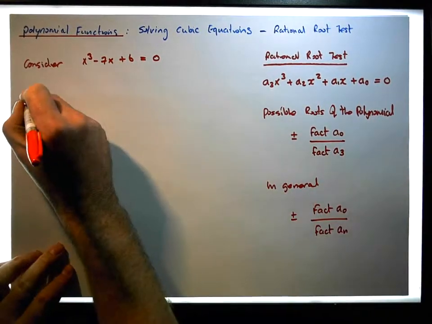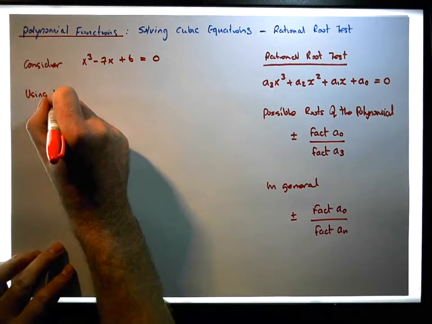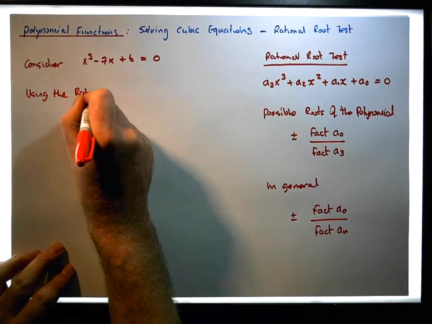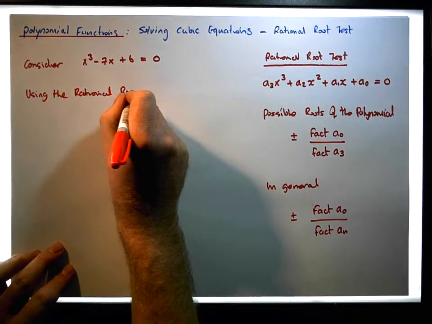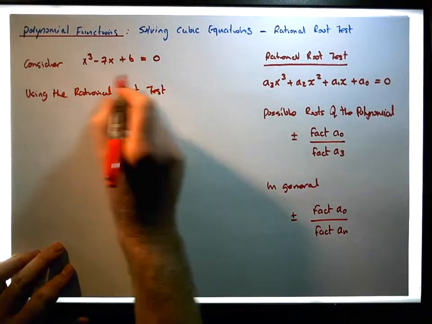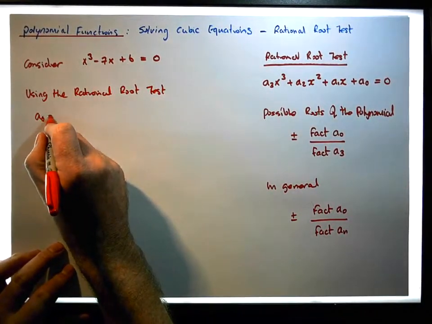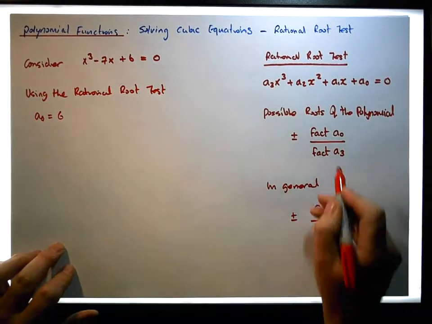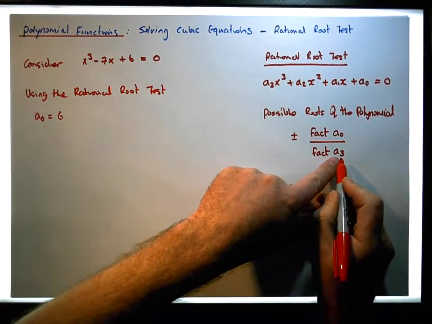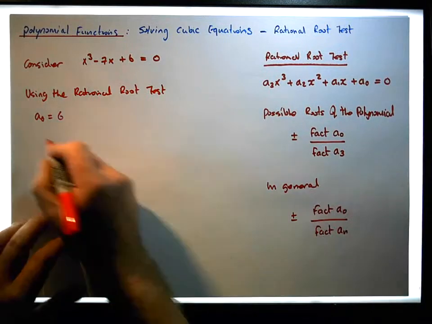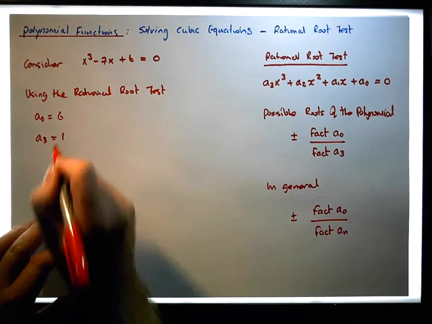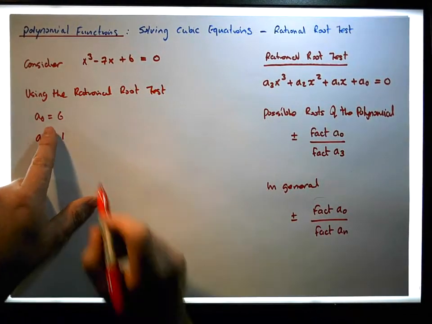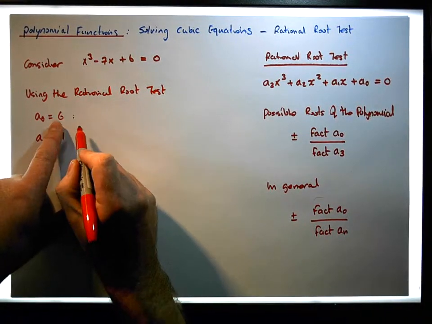So using the rational root test, we have that a0 is equal to positive 6, and a3, the coefficient of the x cubed term, is equal to 1. First, we're going to list all the factors of 6.